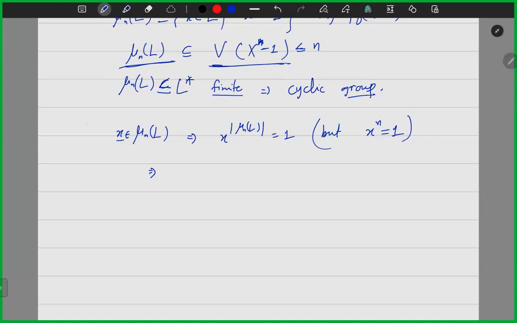Let's say x is primitive. Then the order of x is the order of the group μ_n(L). But this is also satisfied, which implies the order of x divides n, because x^n is equal to 1.